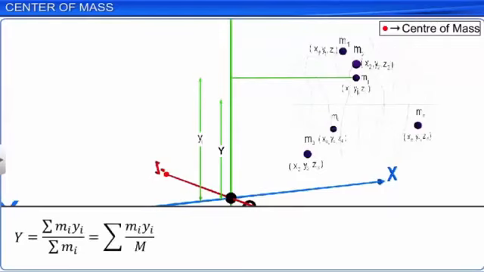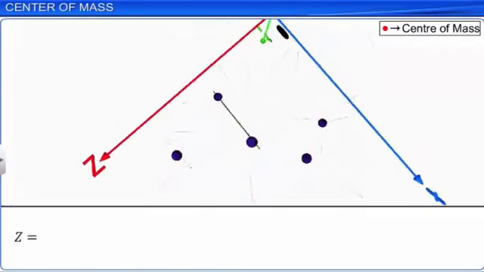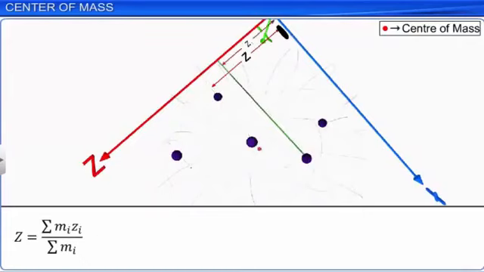Equation 2. Z is equal to sigma mi zi by sigma mi, which is equal to sigma mi zi by m. Let this be equation 3, where m is equal to sigma mi is the total mass of the system.